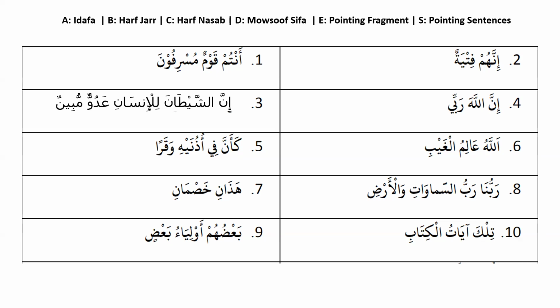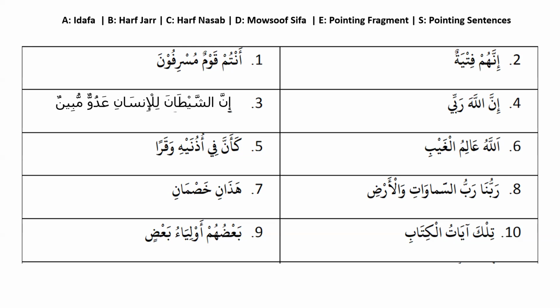Now, is there any relationship between kaumun and musrifuna? Are they mawsuf sifa? Are they idafa? It could be mawsuf sifa. Let's break it down. Kaumun is rafa, musrifuna is also rafa.